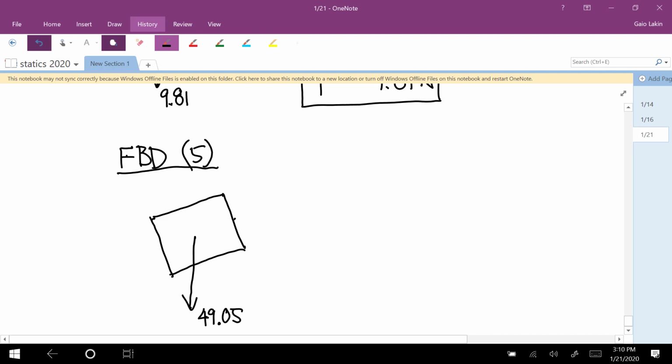And there's a cable force parallel to the cable away from the body. And that force magnitude is T, which we just calculated. So yep, 9.81.